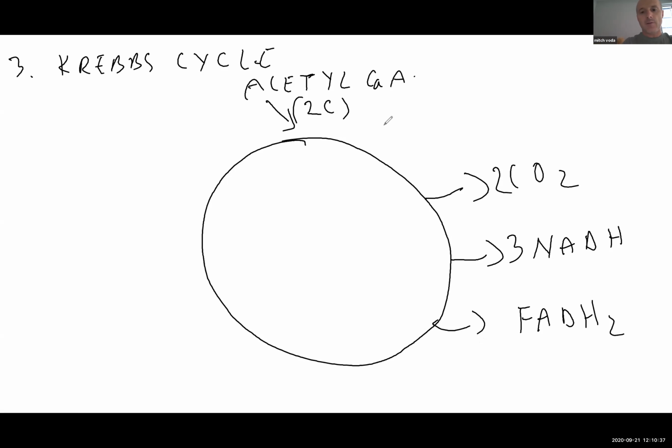So remember, a bunch of NAD plus and a bunch of FAD are going to go in here, and that will turn into FADH2 and 3 NADH. Also, for each acetyl-CoA we get 1 ATP.